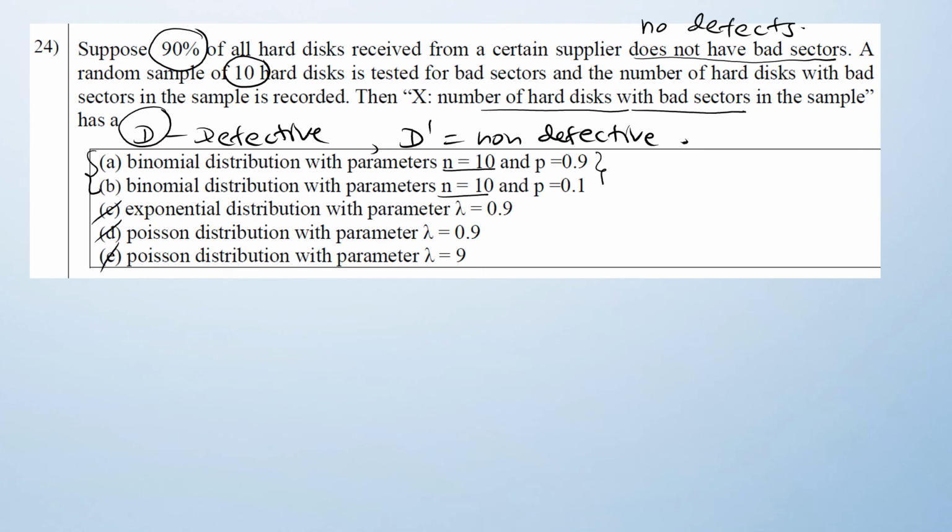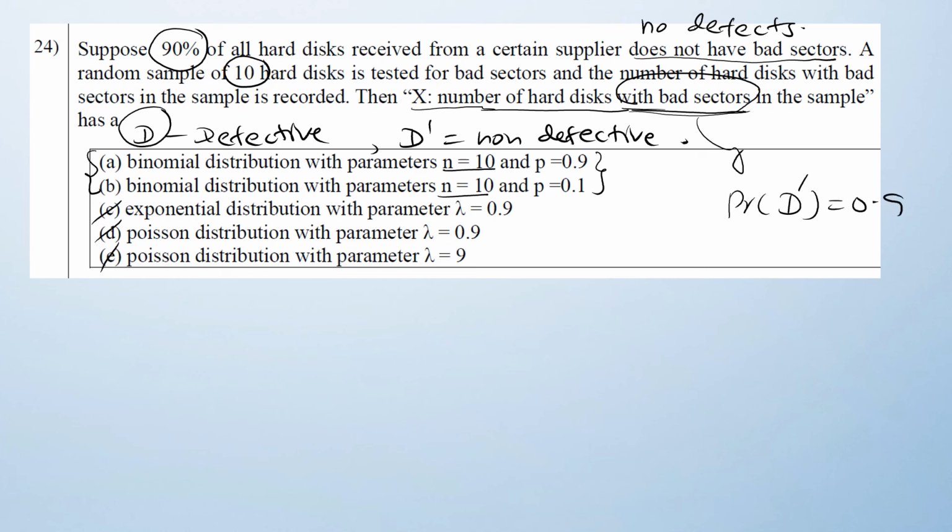The problem is what would be the success probability? You can decide it by considering the random variable given. The random variable is the number of hard disks with bad sectors. That means you have to consider the probability of being defective. Probability of being non-defective is 0.9.